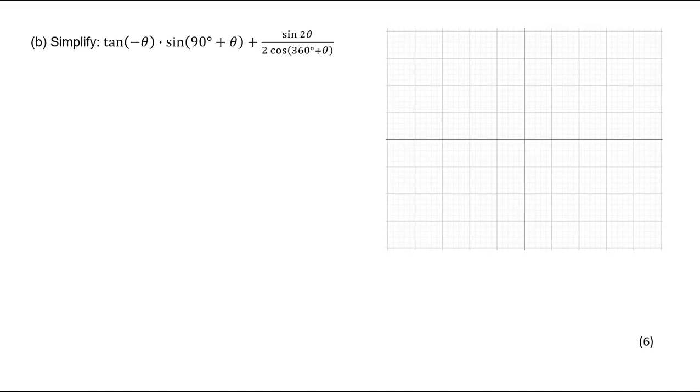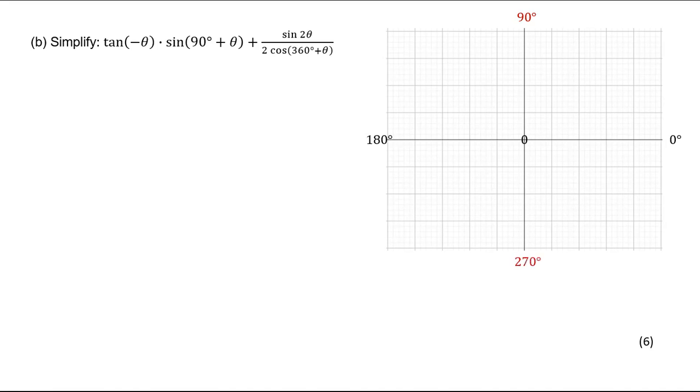When it comes to reduction formula, what I realize is that I have a Cartesian plane which starts at 0. And as I move anti-clockwise, my angles become positive. And as I move clockwise, they become negative. From 0, if I move anti-clockwise by 90, I'll get 90. From 90, if I move anti-clockwise by another 90, I'll get 180. And from 180, if I move anti-clockwise by 90, I will get 270.